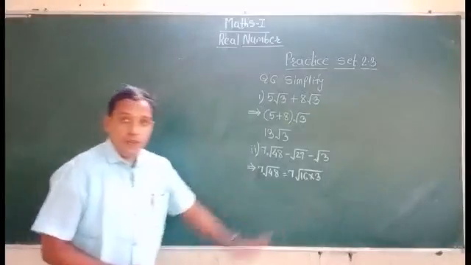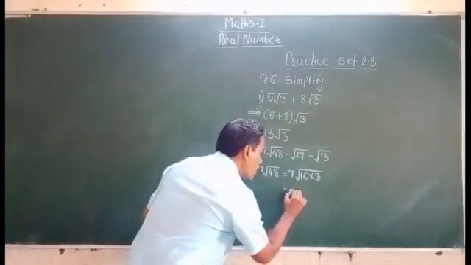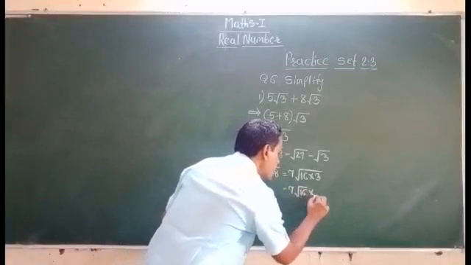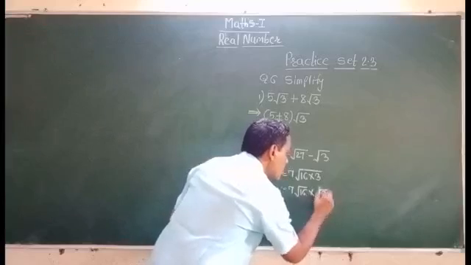So we also split up the surd as 7 surds 16 into surds 3.